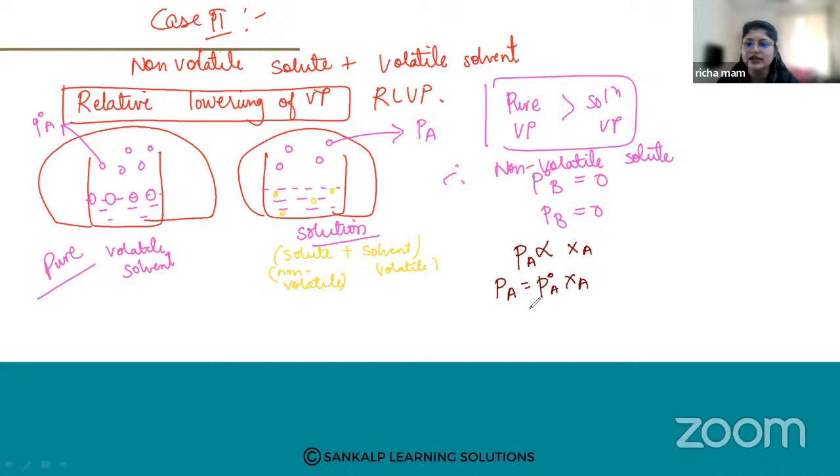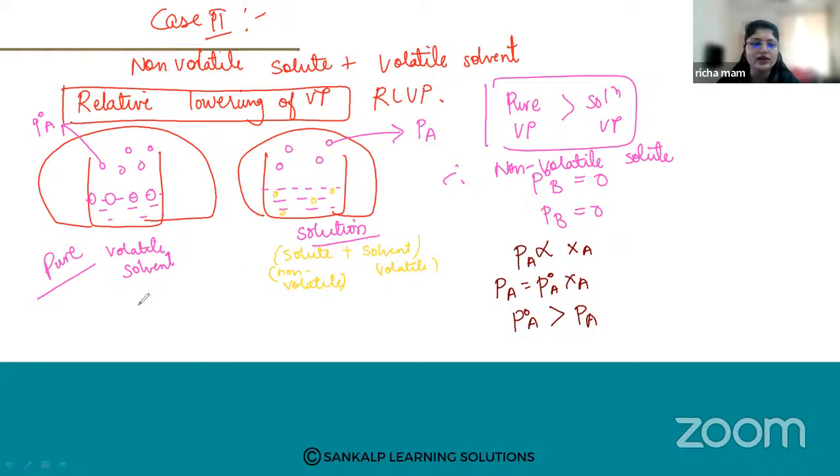Now, there is a difference in vapor pressure. In the pure state the vapor pressure is different, and in the solution state it is different. We know P naught in pure state will be more as compared to that in the solution state.